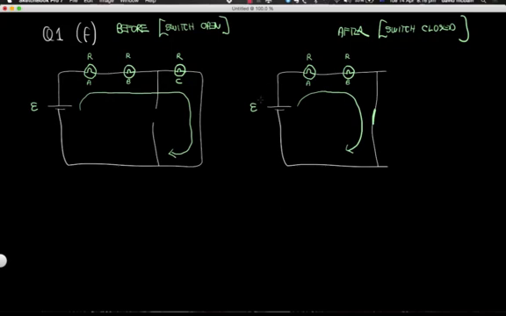Now remember that because this is now passing only two globes, the resistance has reduced. So that's the way we're going to work this out. So we're going to start with the idea. If we want to look at the total power being dissipated or converted into heat and light in both of these circuits, we're going to use our power formula, which is P equals VI.